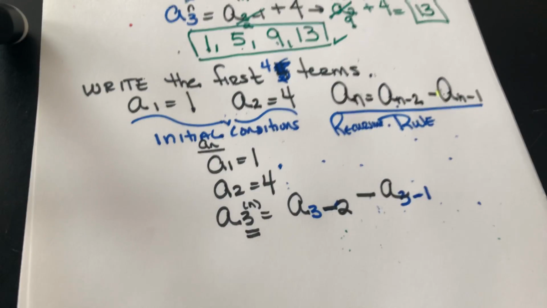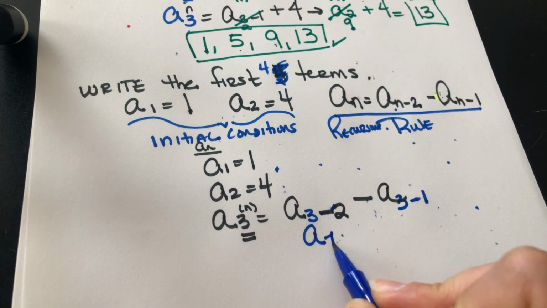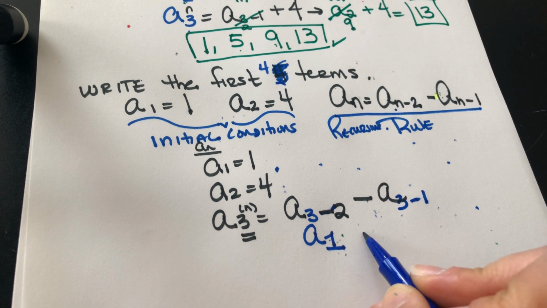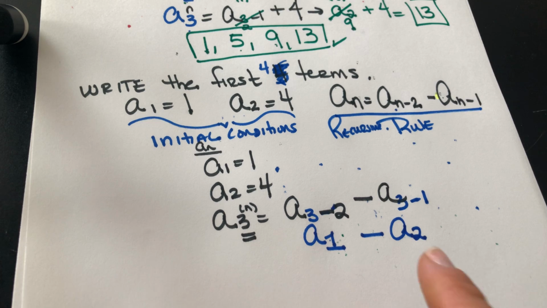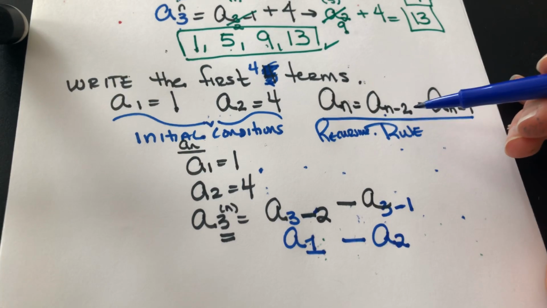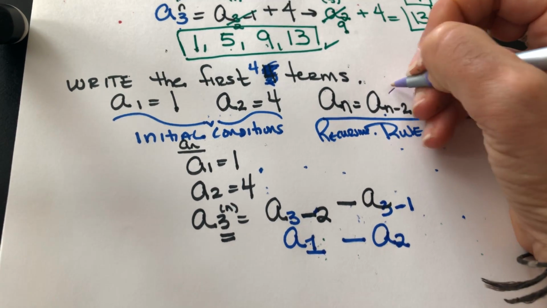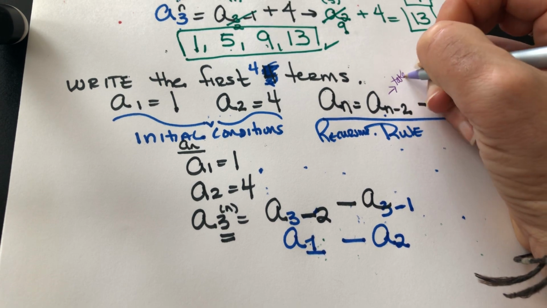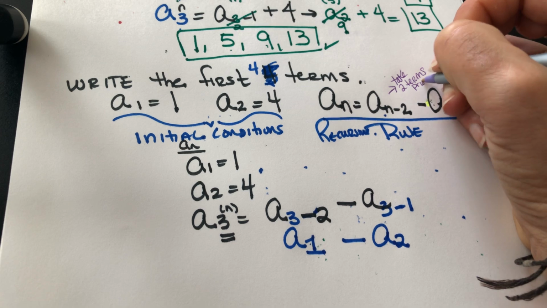All right, let's see what you got. 3 minus 2 is 1, so I want the first term, then 3 minus 1 is 2, minus the second term. The order is really important. Also, some of you are bright enough to realize this. If I say n minus 2, if you want to jot this as a note for yourself, what this means is take 2 terms prior.